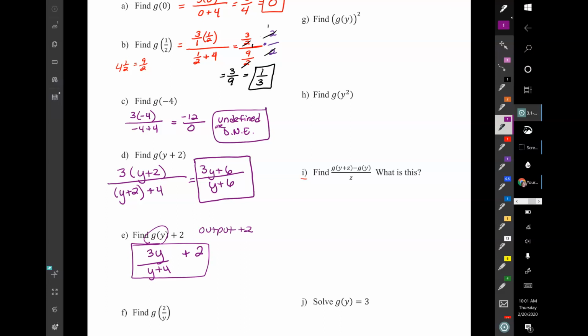Okay, so that's my function, 3y over y plus 4 plus 2. That 3y over y plus 4 is considered my output. If you wanted to get a common denominator, you would just multiply the 2 by y plus 4 over y plus 4, and you could work it out that way.